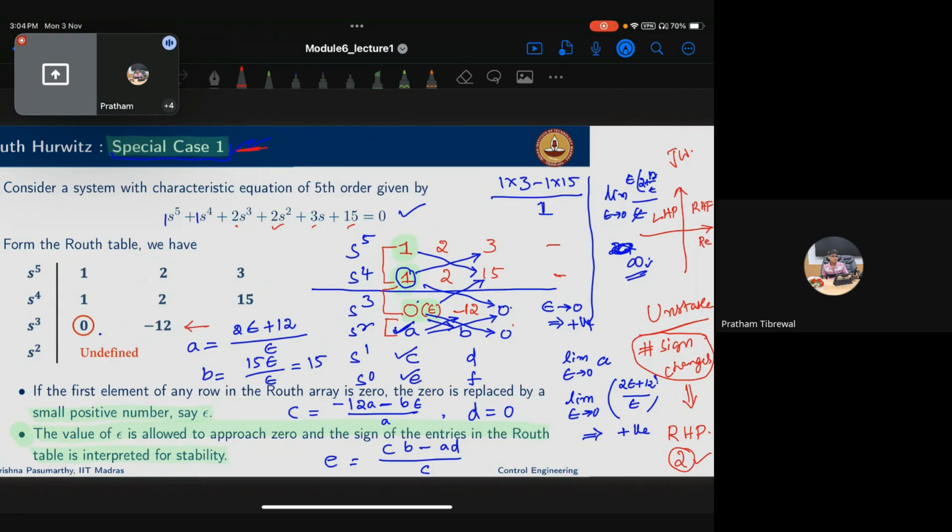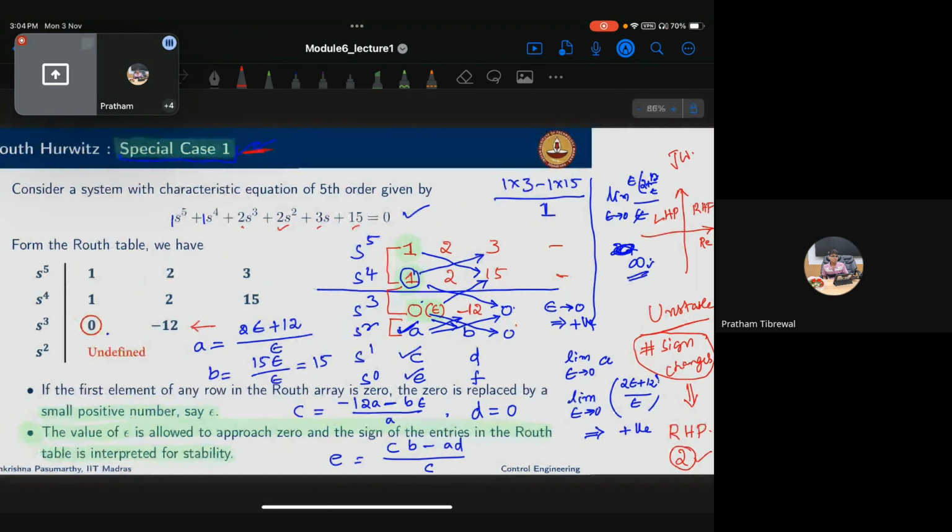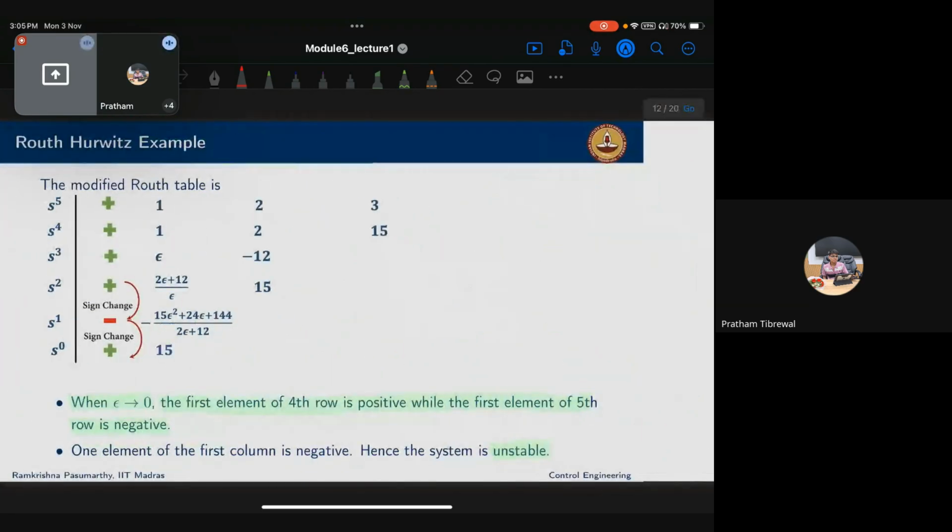We can continue. If you solve one example, you will understand it clearly. It's better to take examples. This is special case one. You can see this same example. Here this is positive, this is negative, this is positive.